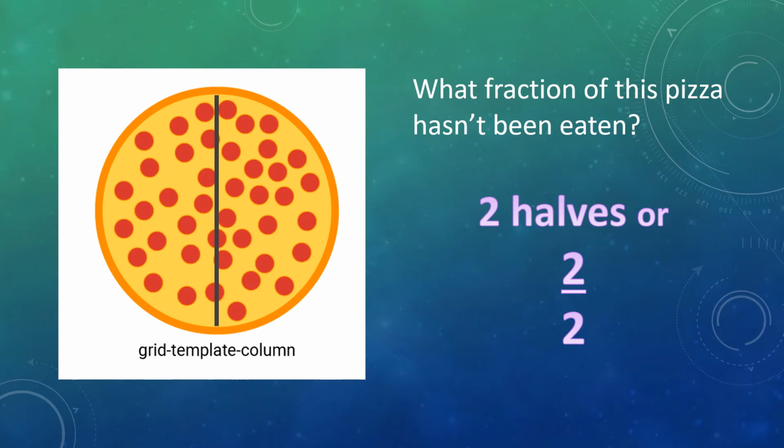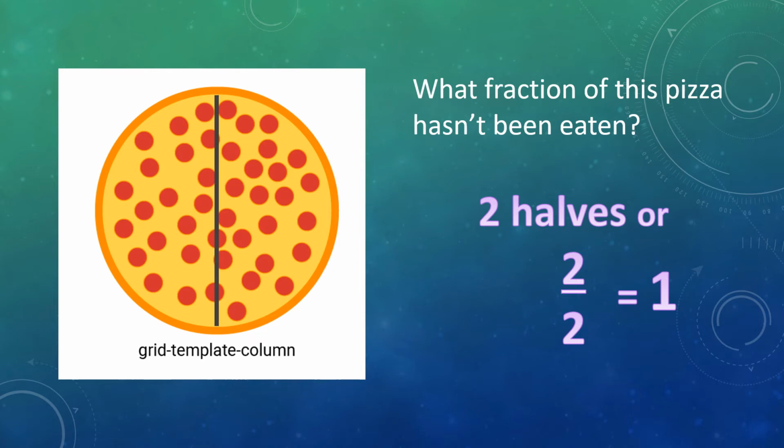If nobody has eaten this pizza and the pizza's been divided into 2 parts, then 2 halves are left of this pizza, or 1 whole pizza hasn't been eaten. And that happens sometimes with fraction friends. So just be aware, when you see the same numerator as the denominator, that should be a clue that you are looking at 1 whole.